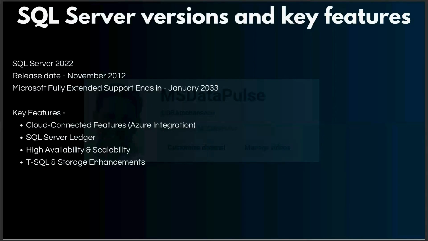Next is T-SQL and storage enhancement. In SQL 2022, we have S3 compatible object storage. You can now back up your database directly to S3 compatible storage like AWS S3 using a URL, or use PolyBase to query files sitting in an S3 bucket.